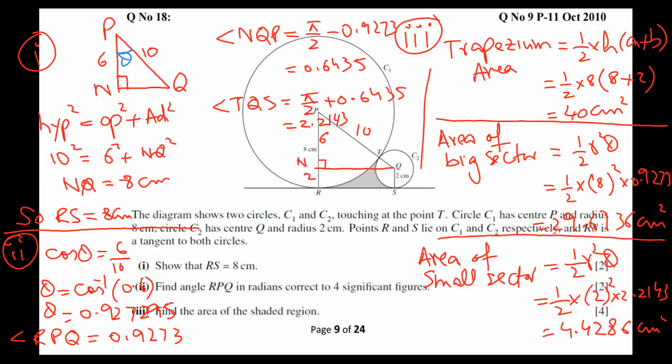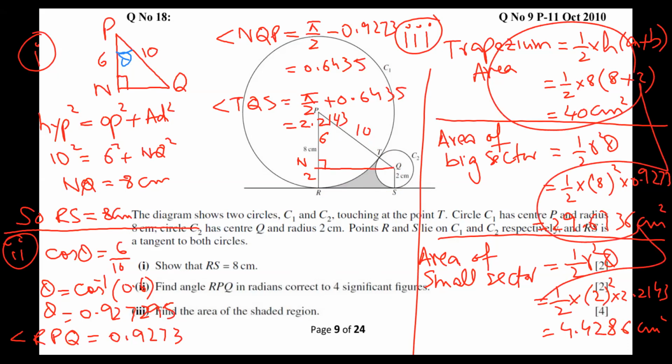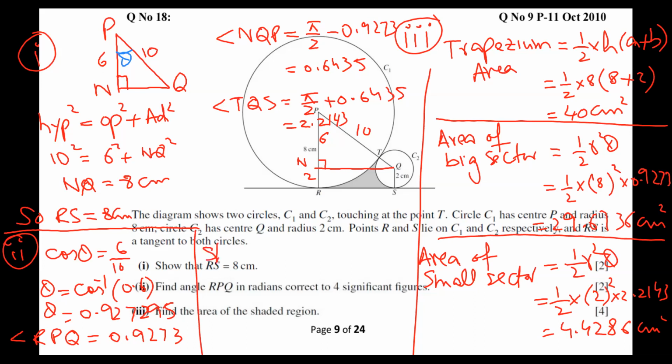Now, what's the plan? How to get the final answer? The plan was: from the full trapezium, subtract this sector and subtract this sector. So the plan is very clear. From this area, subtract and subtract. I'm writing the final line here. The shaded area equals 40 minus 29.673 minus 4.4286.